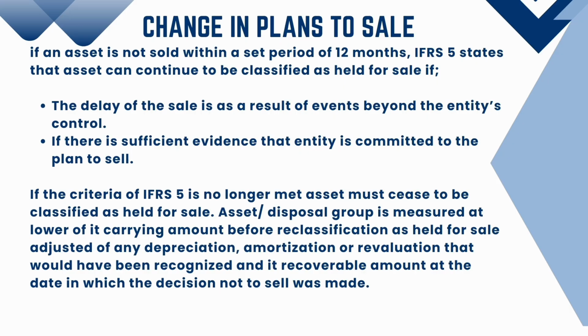So remember, we have $650 and the $2,000 as at the day management say they are no longer selling. So now which one will be recognized? It is obviously the $650 because IFRS 5 says it is recognized at the lesser of the two. So now $650 is what will be taken to our books of account. I hope you get it.